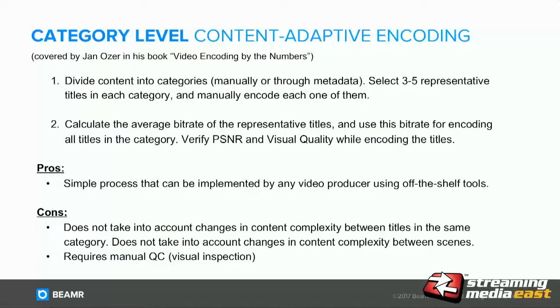The con is that this approach doesn't take into account complexity inside the video. So even though there may be a drama movie where 80-90% of the movie is very slow motion, not very complex video, maybe there actually are some scenes that have heavy CGI, where there is a lot of motion. And if you want to preserve that, then this approach may not work.